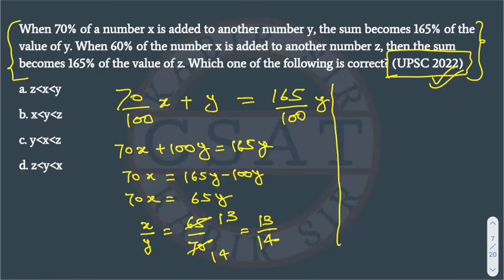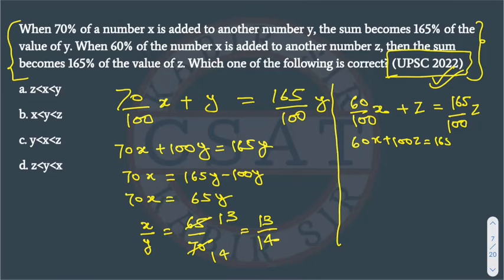Now we will read the other part. When 60% of the number x is added to another number, what? Z. Then the sum becomes 165% of the value of Z. Now we will solve this equation, right? So it will become 60x plus 100Z is equal to 165Z.